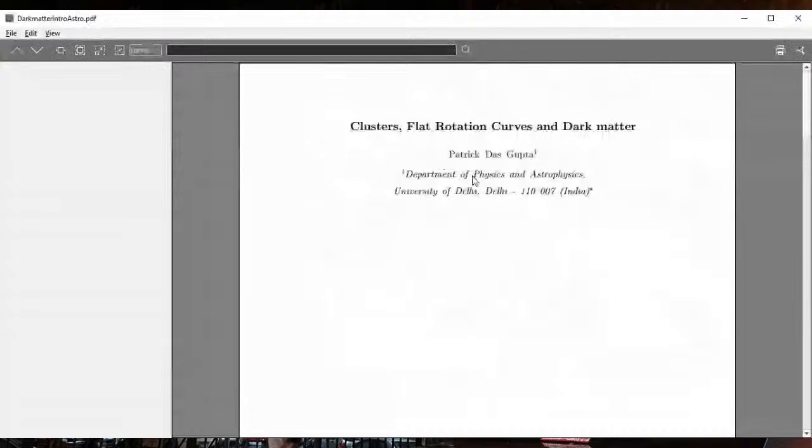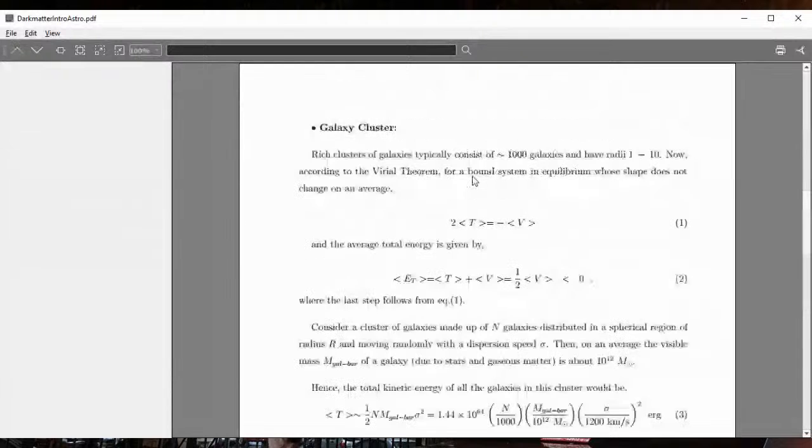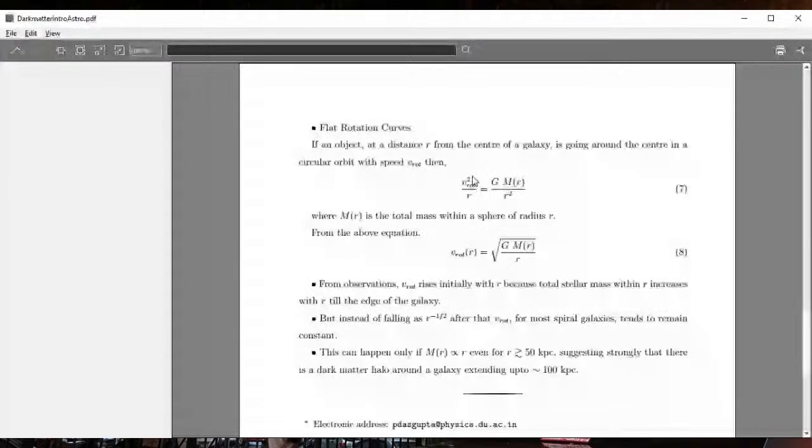Then comes the other inference, which follows from the flat rotation curve that I showed.